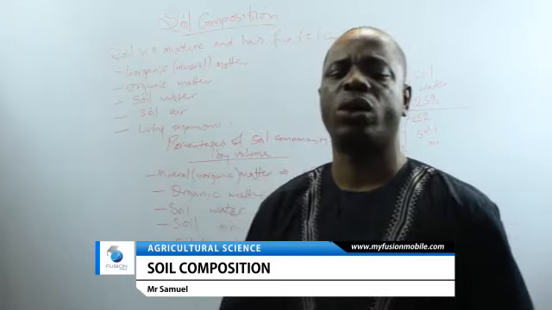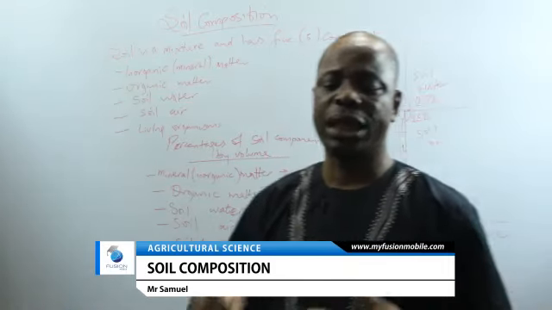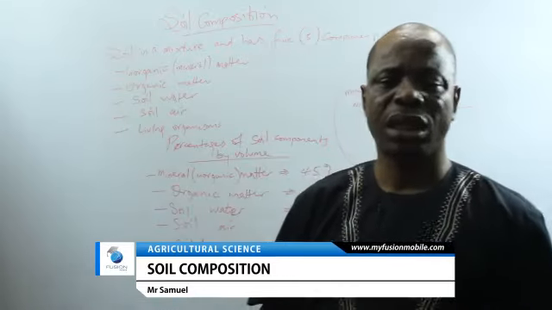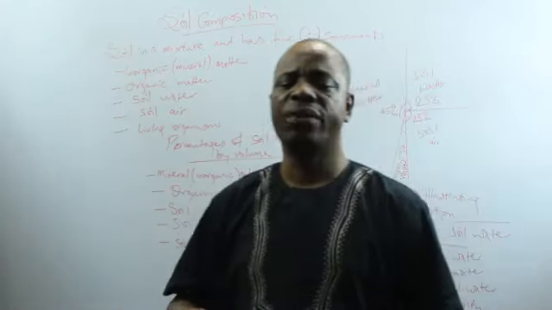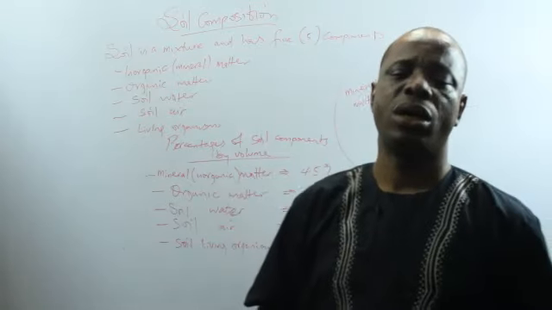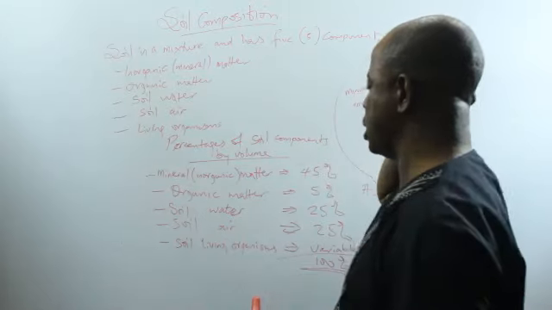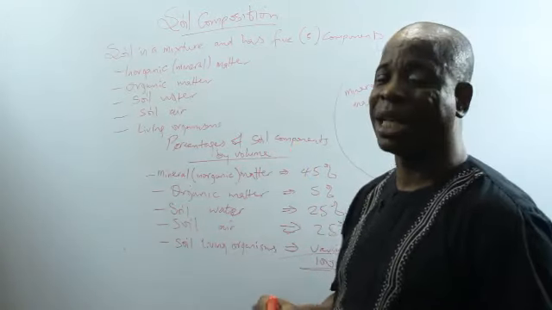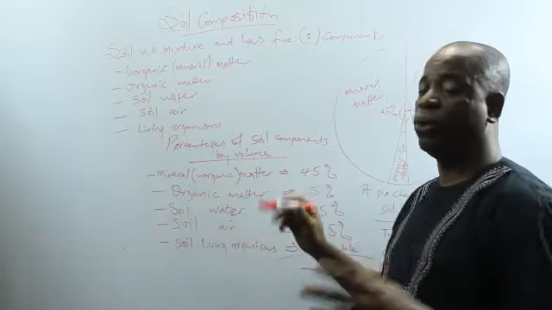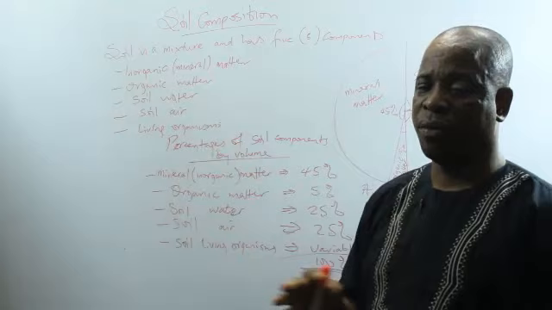It helps in anchoring, in holding the plant roots to the soil. It also helps in retaining water for the plant. It helps in retaining air for the plant. Living organisms live inside this mineral matter of the soil. Now, in terms of percentage by volume, the mineral matter occupies 45% of the total volume of the soil.